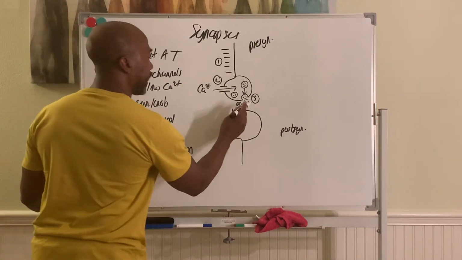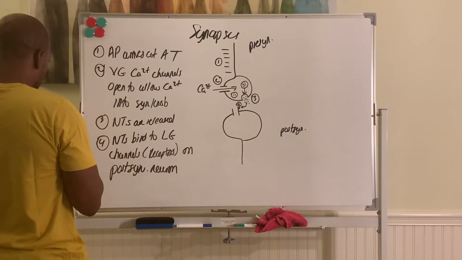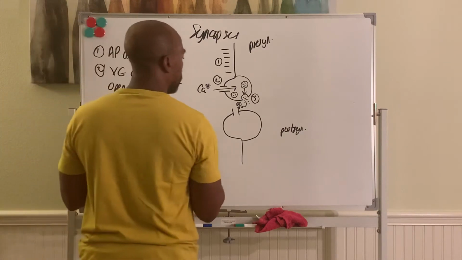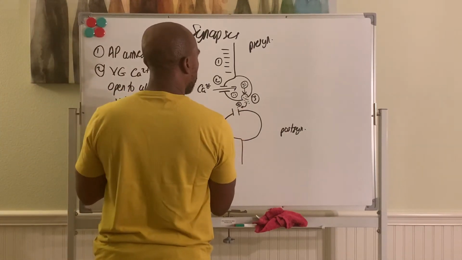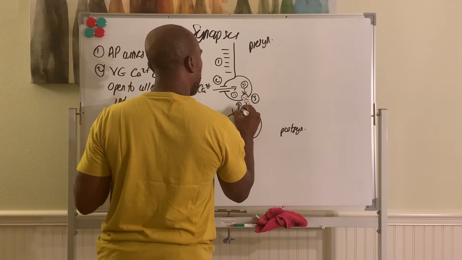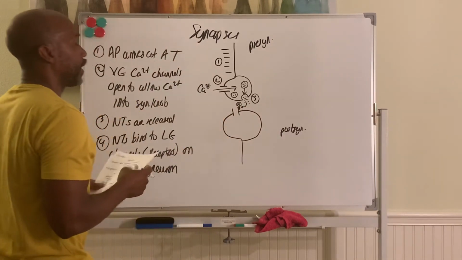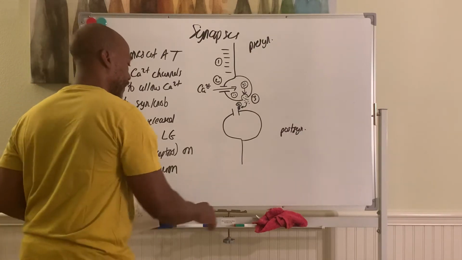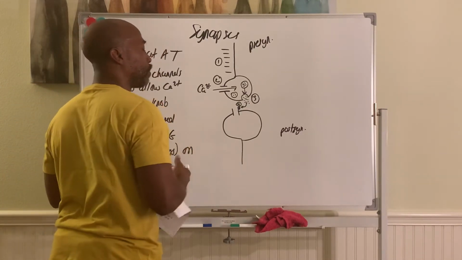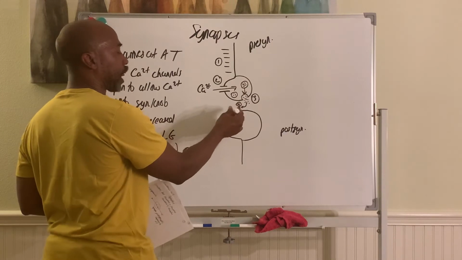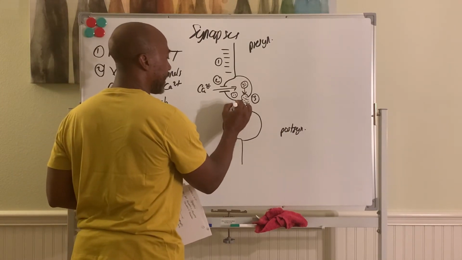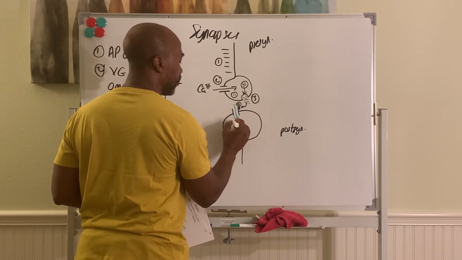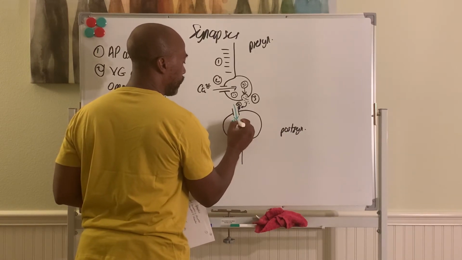So here we go, they bind there. The NT binds. And then the binding of the NT on the ligand-gated channel will open the gates and let in ions. In this case, let's take sodium.